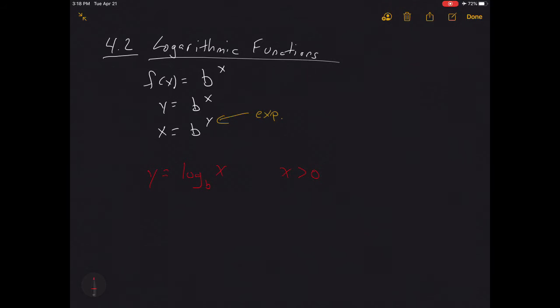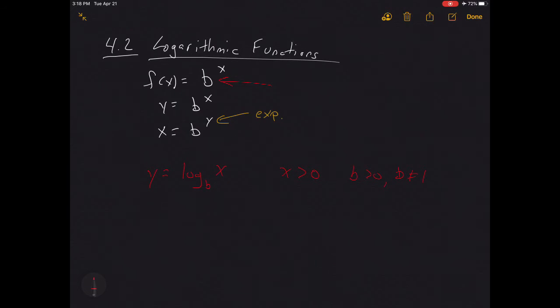Also, the base b has to be greater than 0, but b cannot be 1. And if that looks familiar, and I hope that it does, that's because that's the exact same criteria that we had for the exponential function b to the x. b had to be greater than 0. Also, b cannot equal 1.